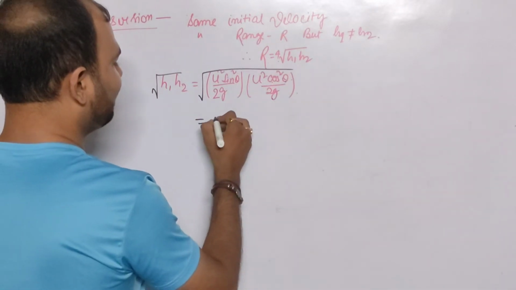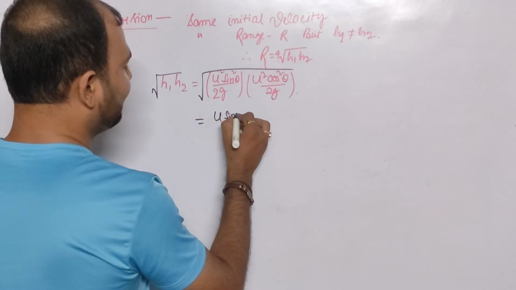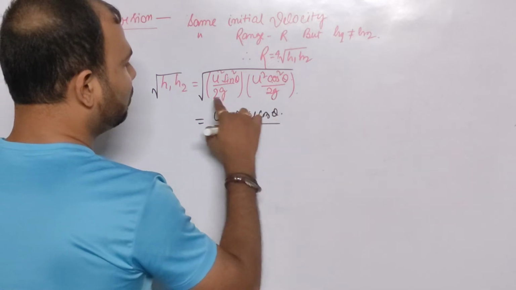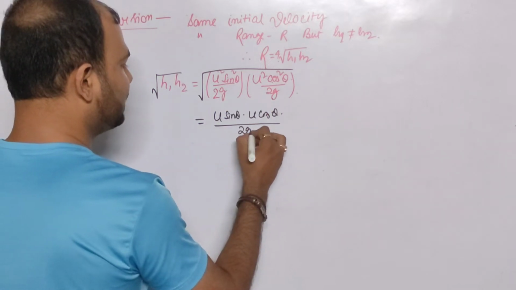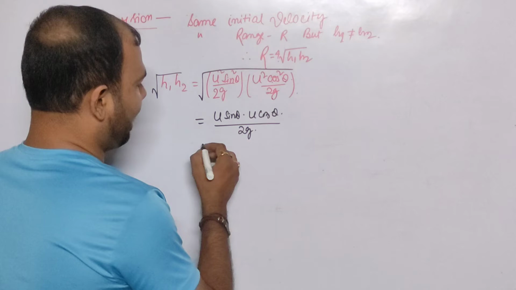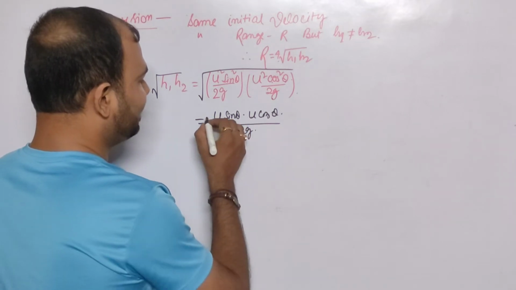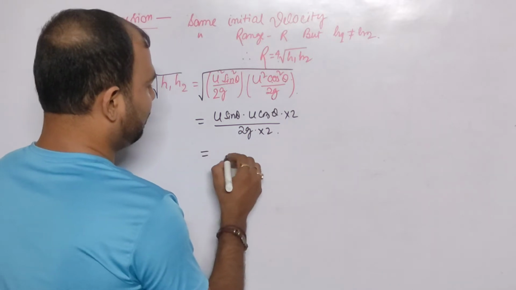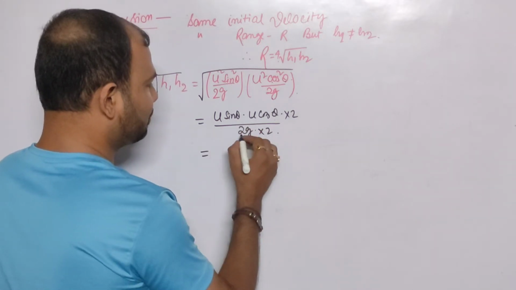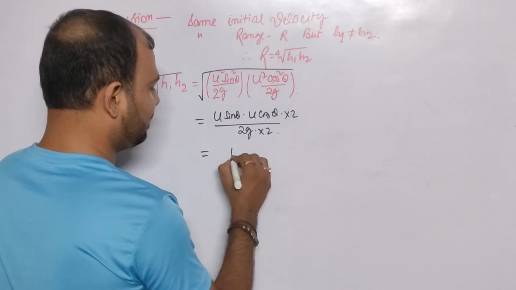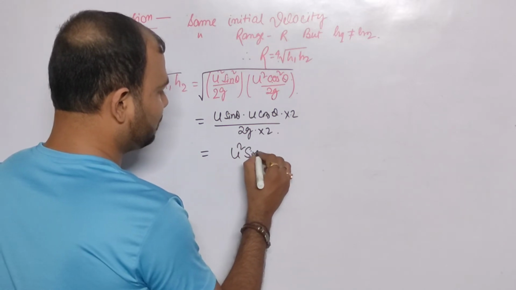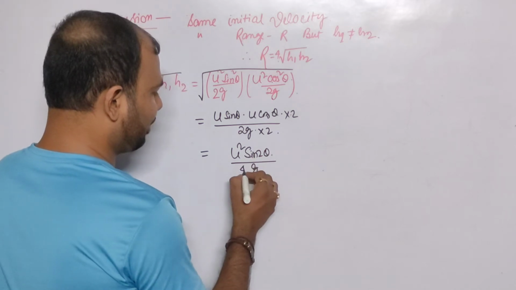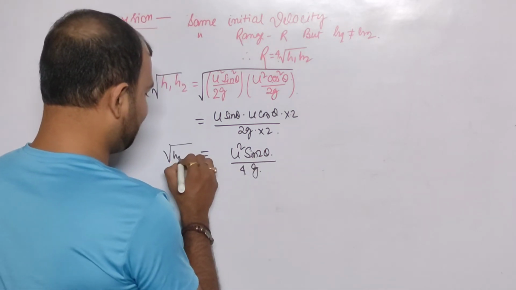So what I get, u sine theta, u cos theta, 2g whole square, that is 2g. u square, I need 2 over here, into 2 into 2. Why? You can understand, u square 2 into sine theta cos theta, u square sine 2 theta by g, and there is 4 root over h1 h2.